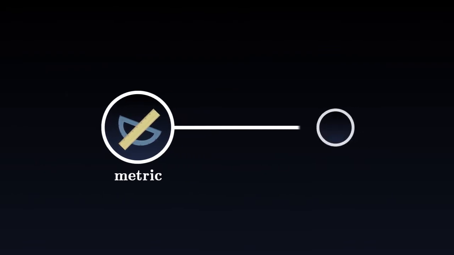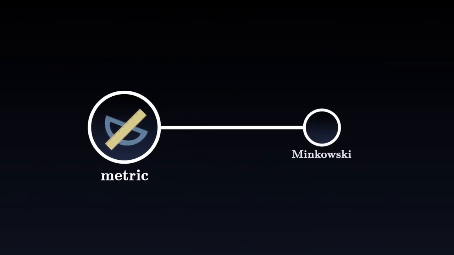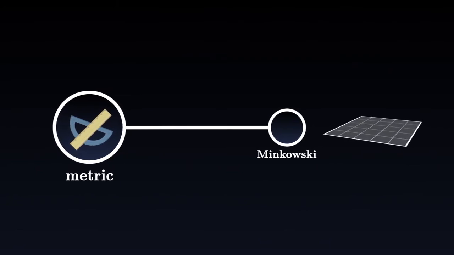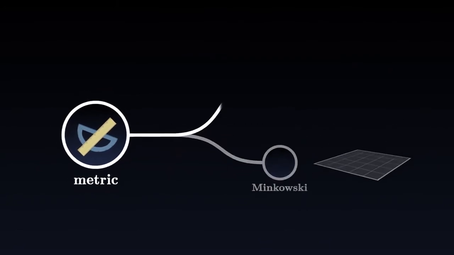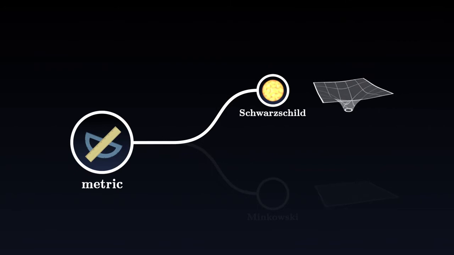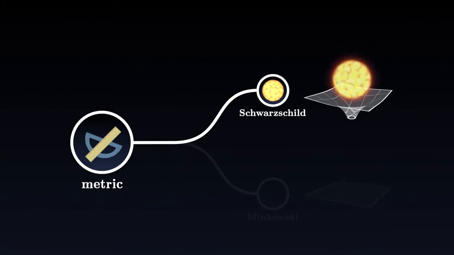In an empty universe, we will use the Minkowski metric, the flat space-time of special relativity. Around a spherical and static mass, we will use the Schwarzschild metric. This metric is the most practical because it is simple, but can still model many different situations.